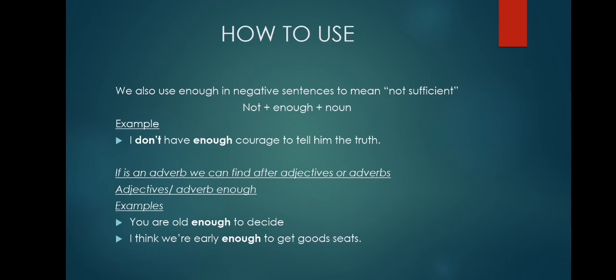Be very careful because sometimes we mix up some sentences and we make one that we think is correct but is not. Not plus enough plus noun. Example in negative: I don't have enough courage to tell him the truth.